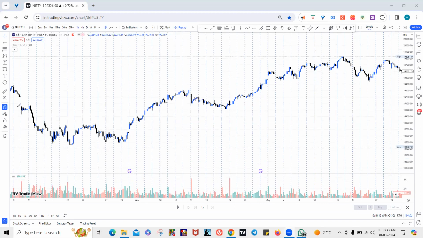Since it is a futures chart, this symbol tells that the contract has started from this particular day and ended somewhere here, or it shows from a start to the next start. We can conclude that this is where the monthly contract is starting and ending, right? So we don't have to look at the calendar.